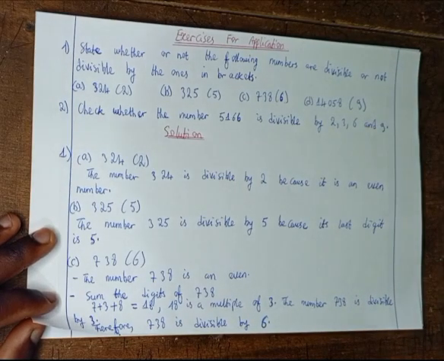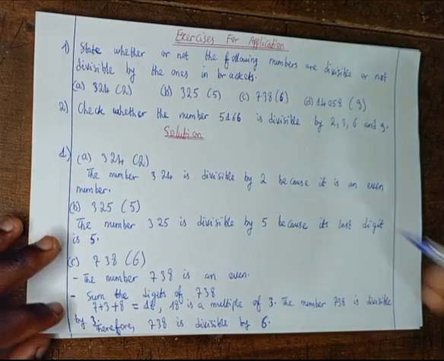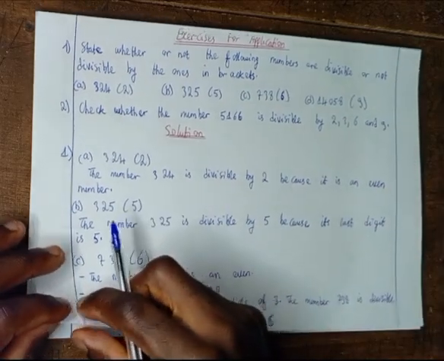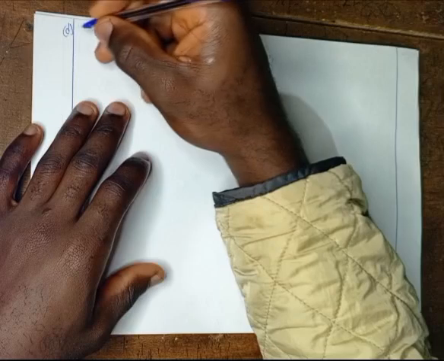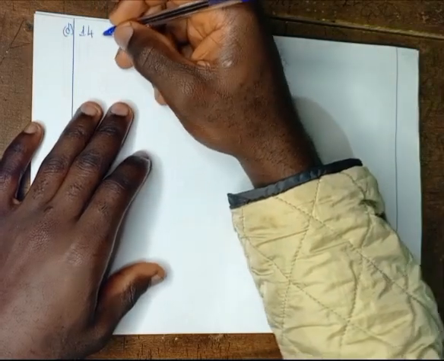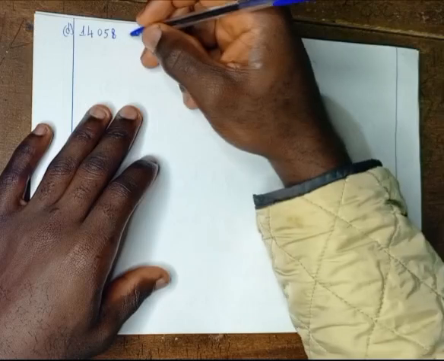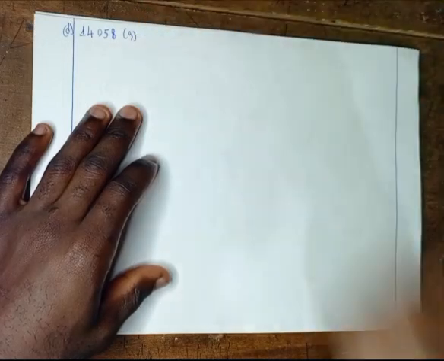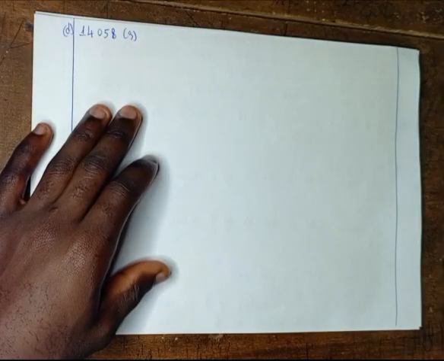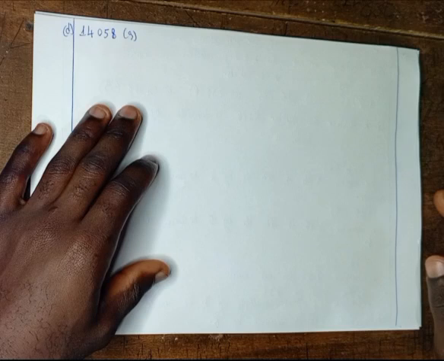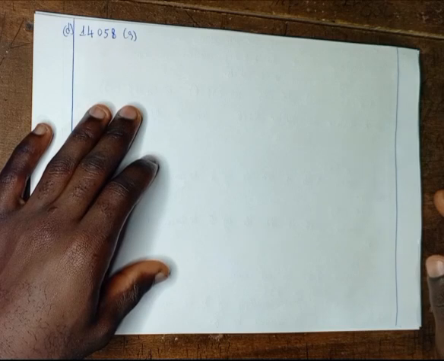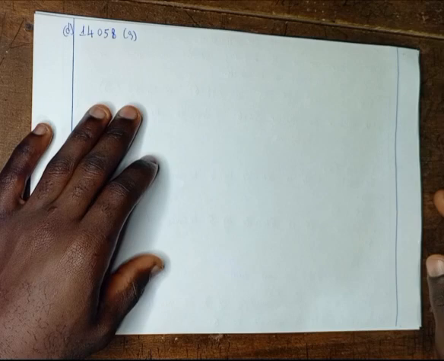The next question, we have to check whether the number 14,058 is divisible by 9. Okay, we know a number is divisible by 9 if the sum of its digits is a multiple of 9.